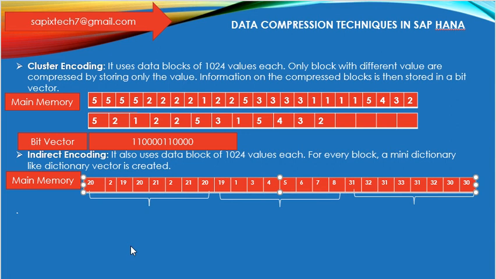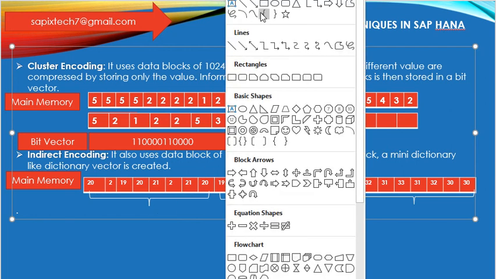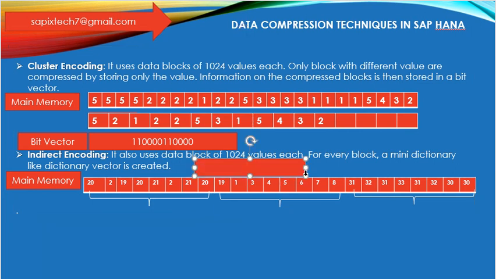What it actually does is create a dictionary vector for every block. This is our uncompressed data, which is actually visible to us. There might be some value at position 20, and for a column, for example, it might be name, location, address, amount, anything.